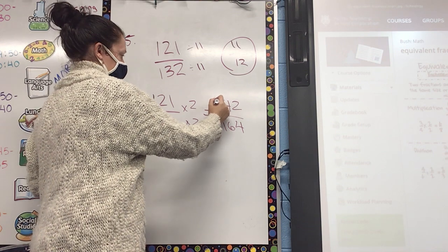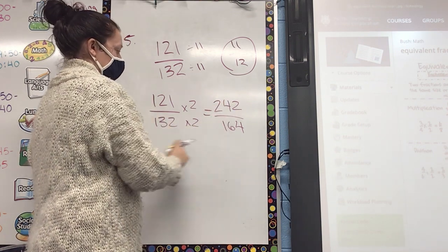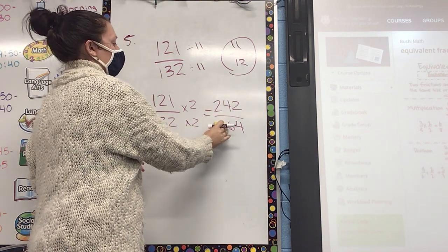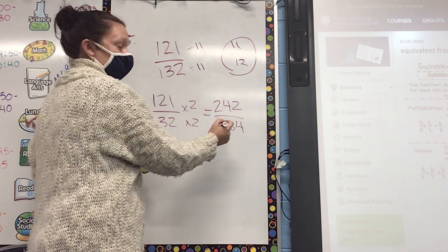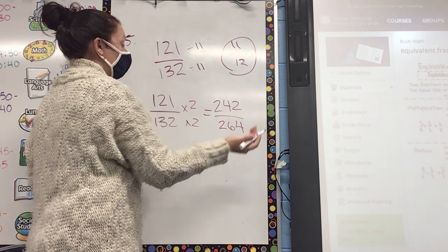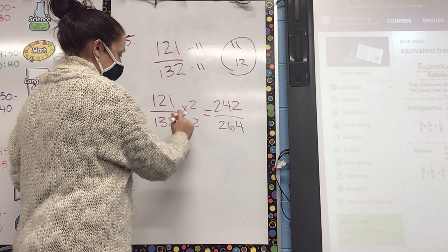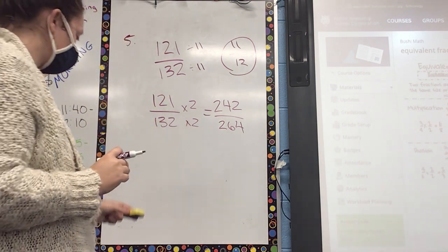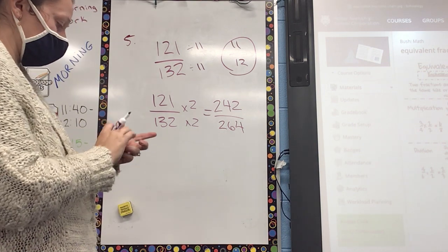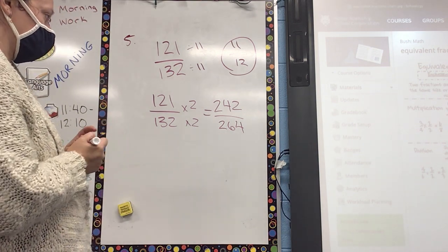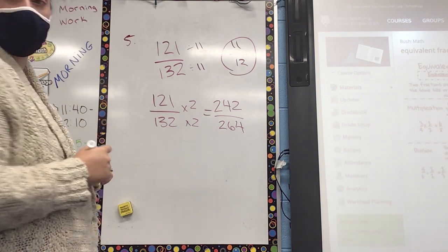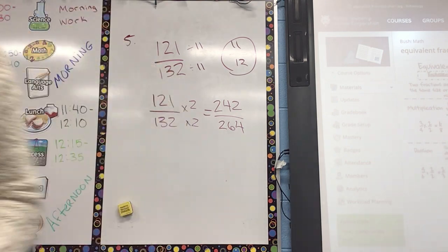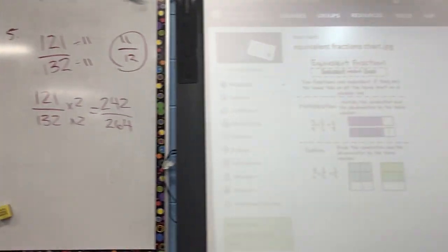It's 242. And I messed up. Good. It's okay. Just math facts. Make sure you're adding correct. Or you could add here because times 2 just means 121 plus 121. Or you can multiply it by 2 and actually do your multiplication. Okay, just keep a close eye out on those math facts. That's all. Number 6.